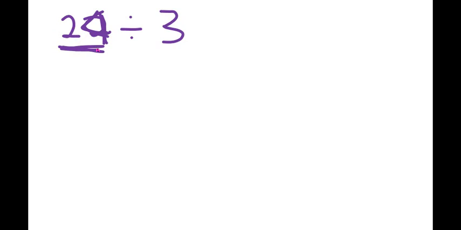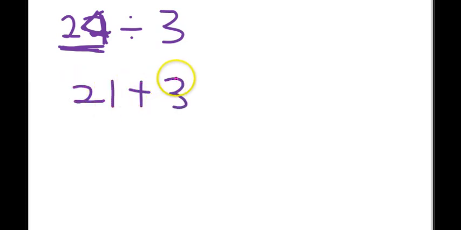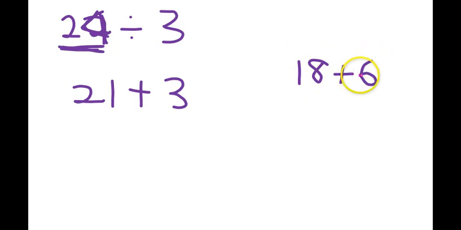If it is 21, I'll ask myself, 21 plus what will give me 24? And that will be 3. Or I can think of 18 plus 6 will give me 24. Or I can think of 15 plus 9 will give me 24. Whichever way I go, I can easily get my division without struggling.